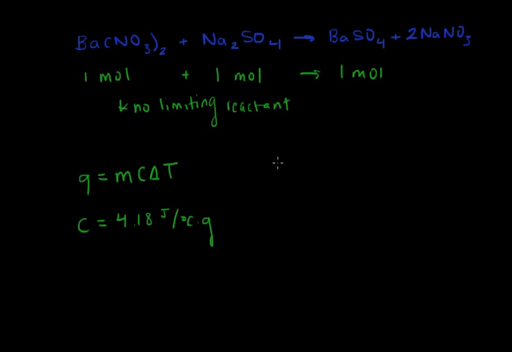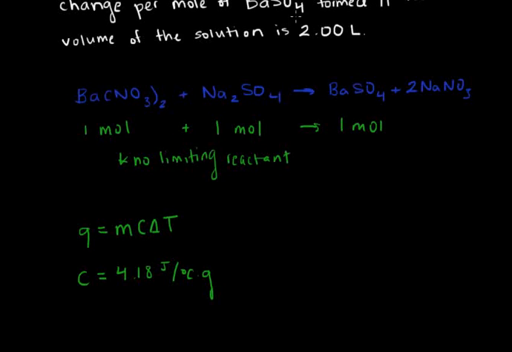So for mass, we need to take a look at the density of water, because we're given the volume of the water we're dealing with. The density of water, and this is something you probably want to know going into your next exam, is really easy to remember. It's just 1 gram per milliliter. Now, in 1 liter, there are 1,000 milliliters.